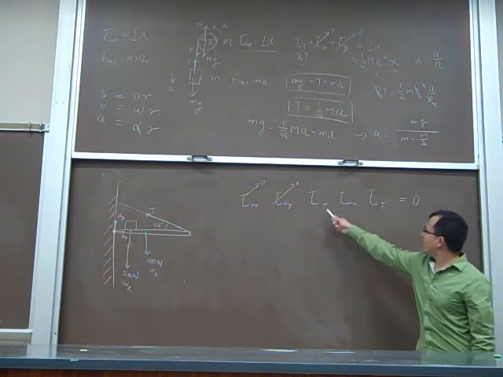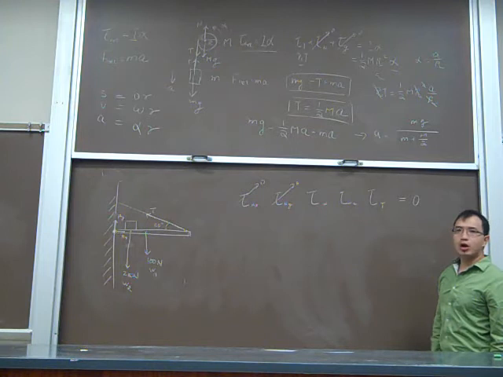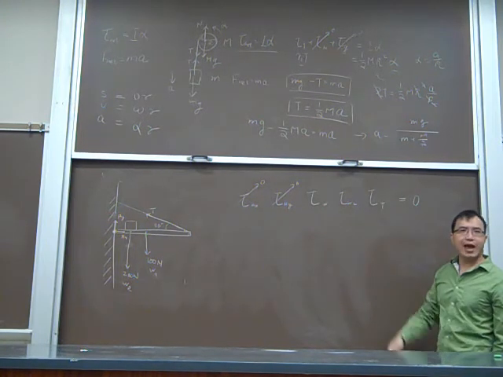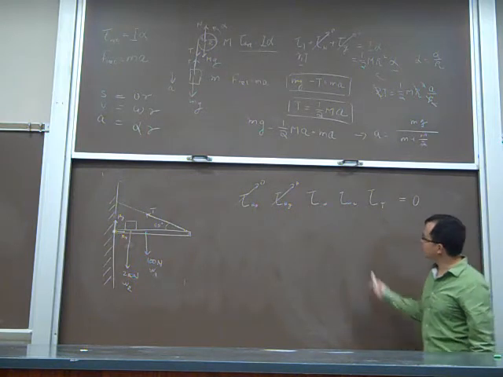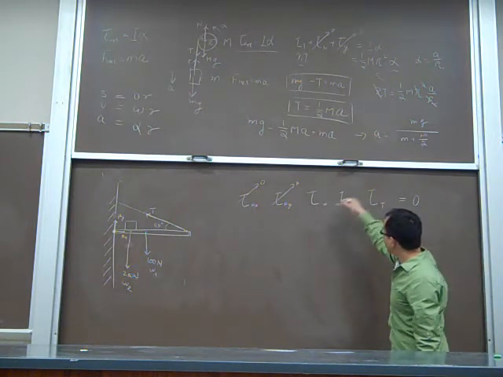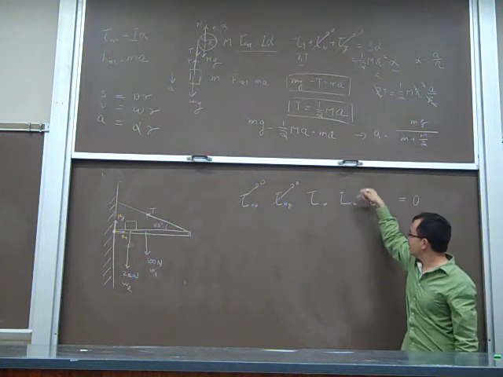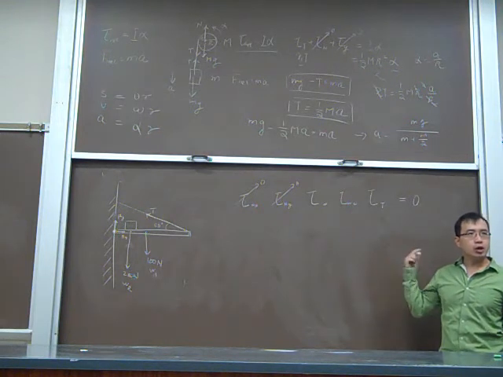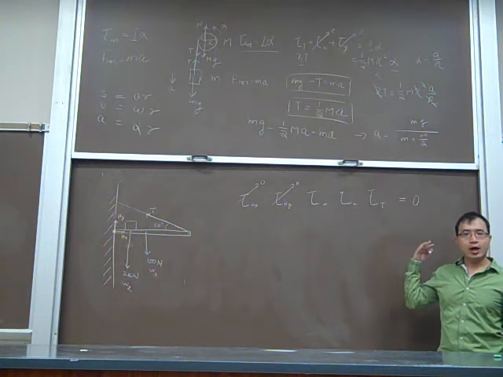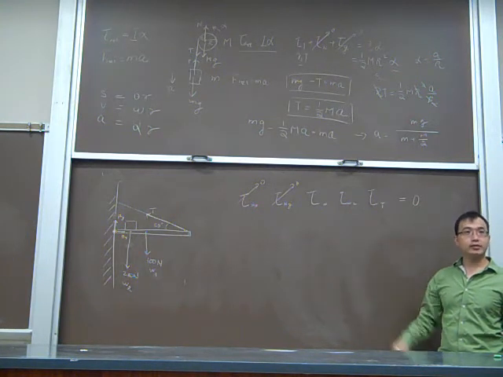Another thing is that we have these torques together. If you add these torques together, it should give 0. But I didn't put the positive or addition sign at the beginning, because I want to make sure whether they are positive or negative.